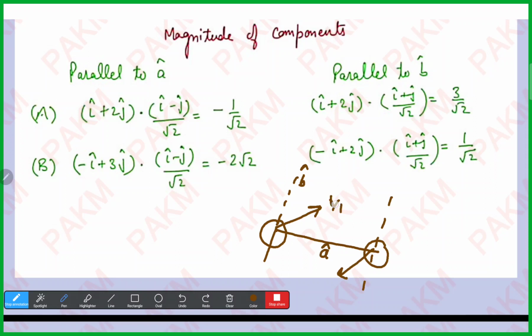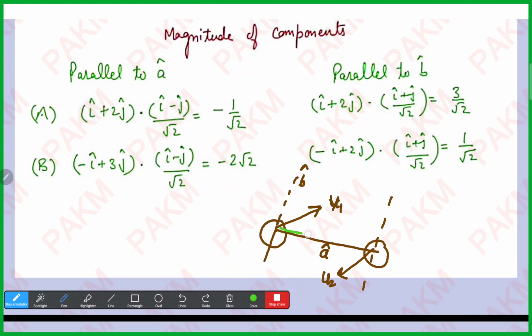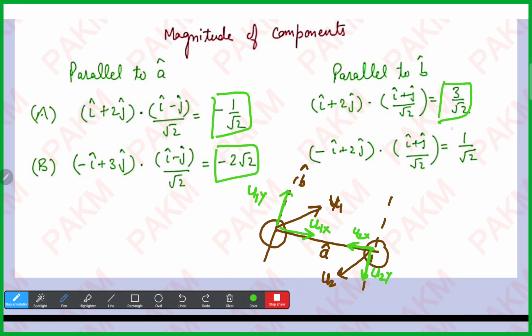Let's say u1 and u2, and initially each has two components. We have calculated the components using the projection formula: u1, u2 in the x direction, and u2 and u1 in the y direction. These are the components respectively. Fine.